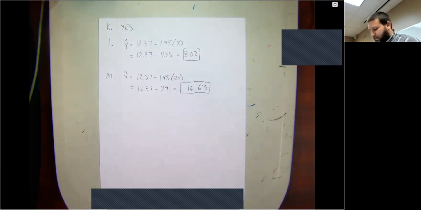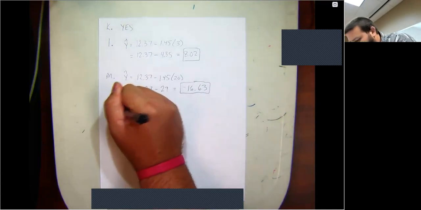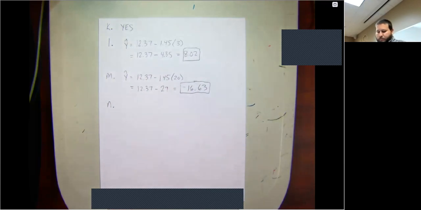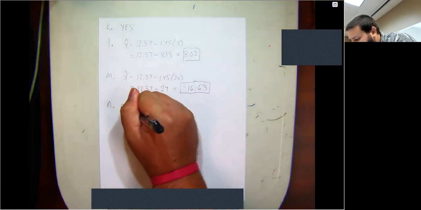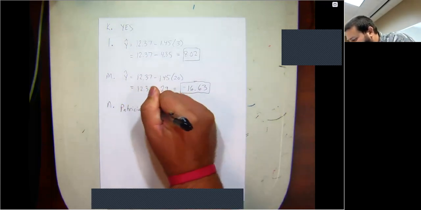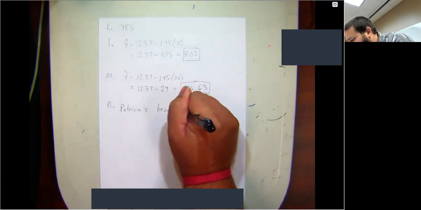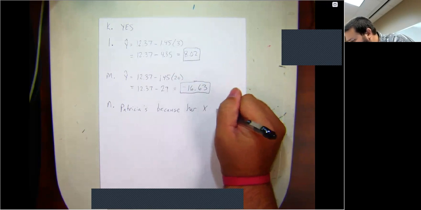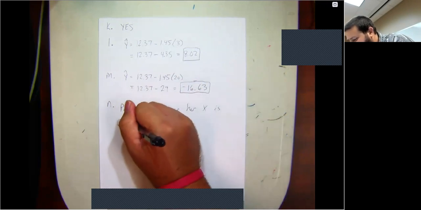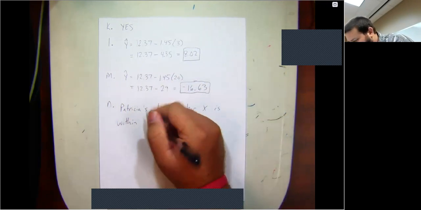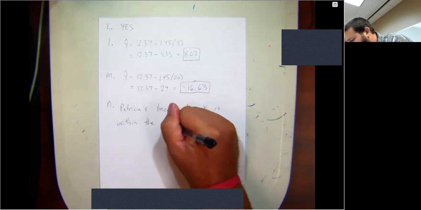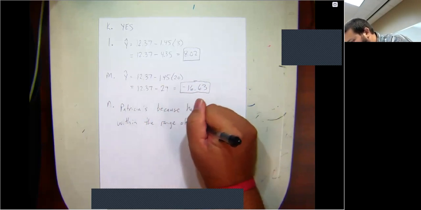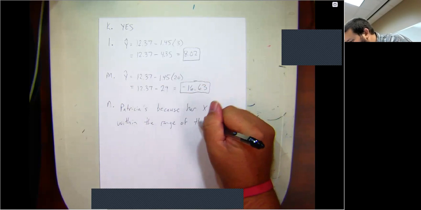That's M. And then N, which predicted achievement score, Patricia's or Samuel's, do you have more confidence in, and why? Well, it would be Patricia's, because her X is within the range of the original data set.